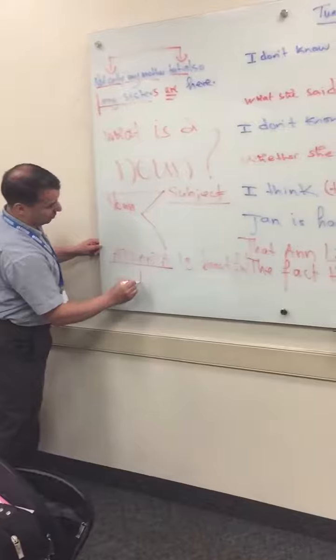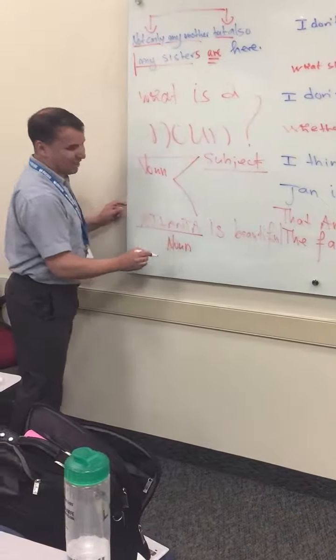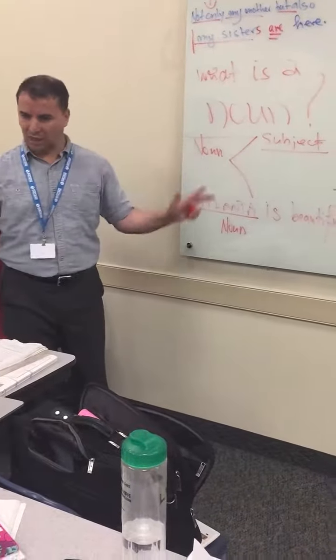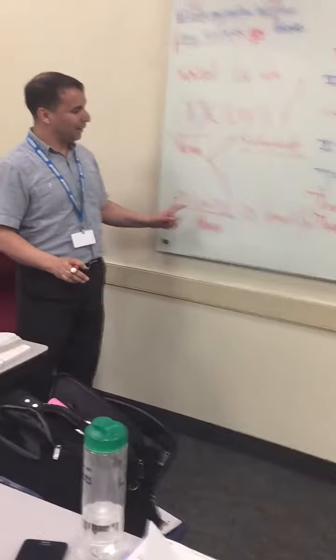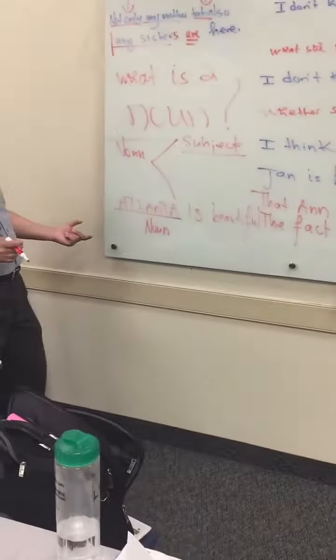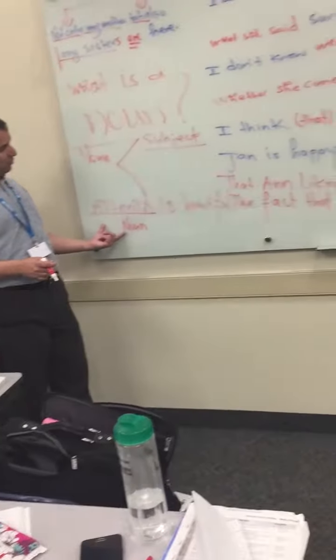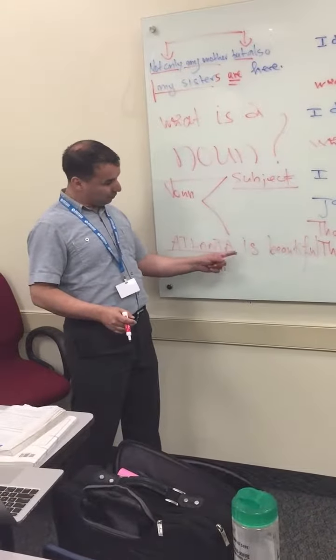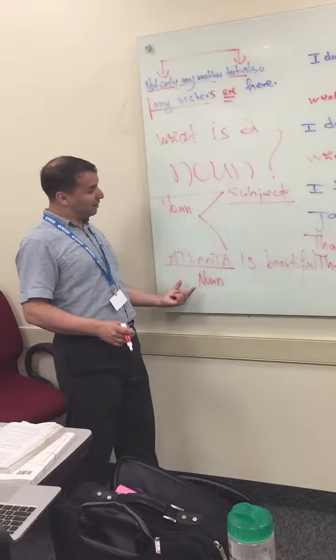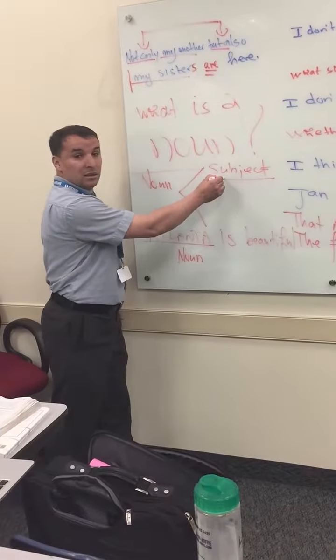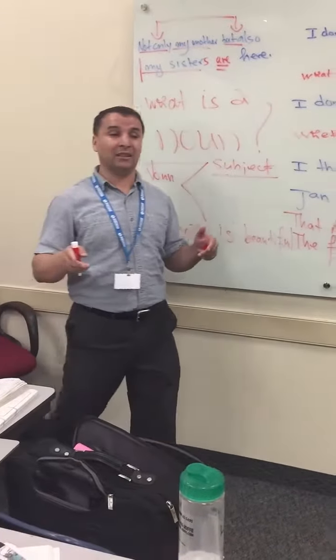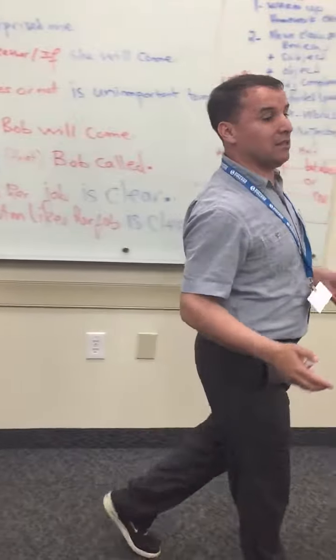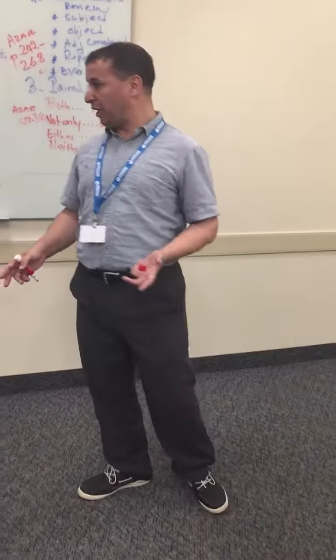Atlanta, right? So this is a noun. We can also say noun phrase, but for the sake of simplicity, let's just say noun. Atlanta is beautiful. Now, this noun is used at the beginning of a sentence and before the verb. So this is called a subject. So one of the grammatical functions of a noun is being a subject.